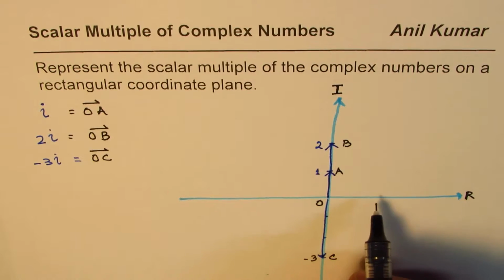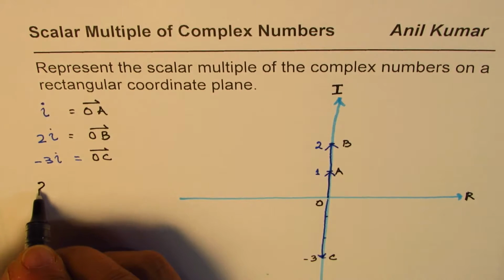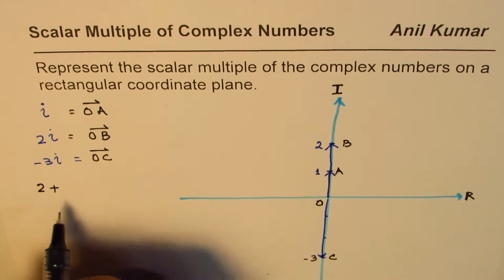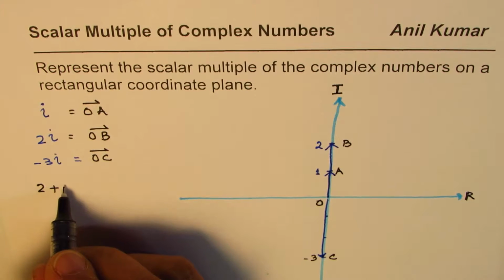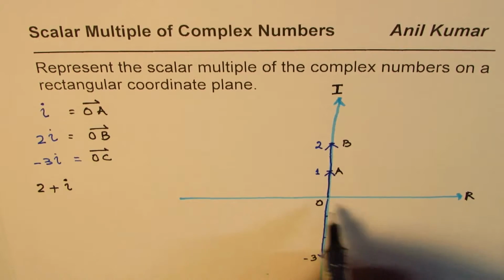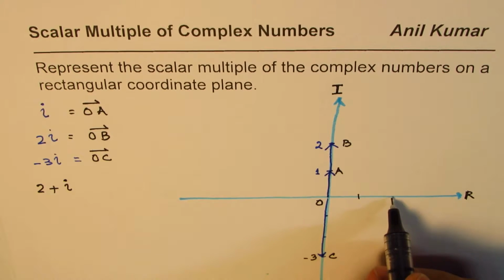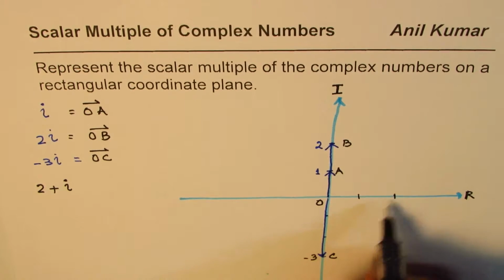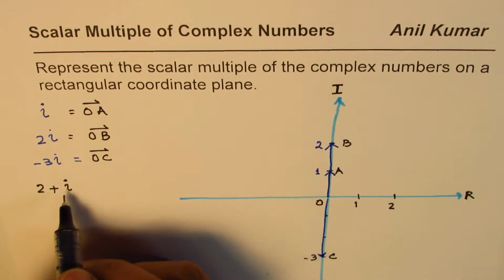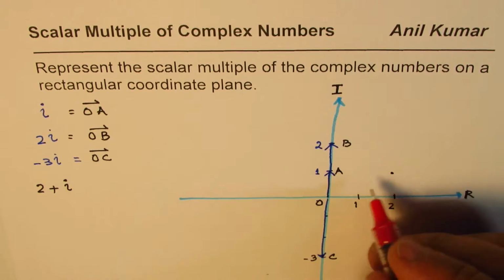Now let's take up examples where we have both the real and the imaginary part. To keep it very simple, I'll write the number 2 plus i. 2 plus i really means that along the real part, this is 1, this is 2, so 2 is along the real part, and the imaginary part is i, so 1 unit up.